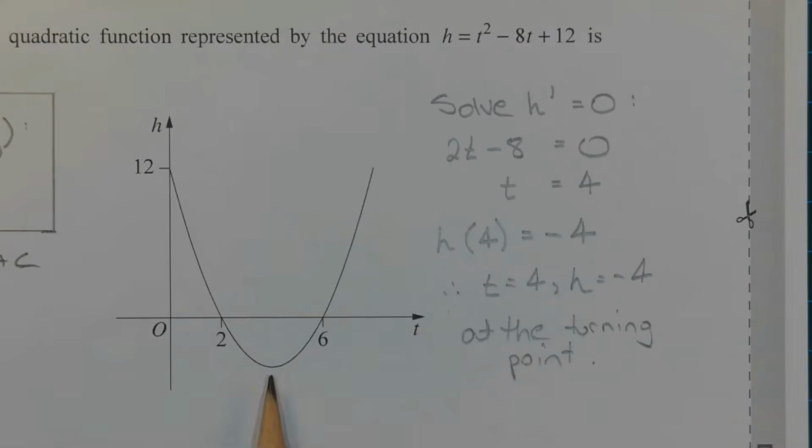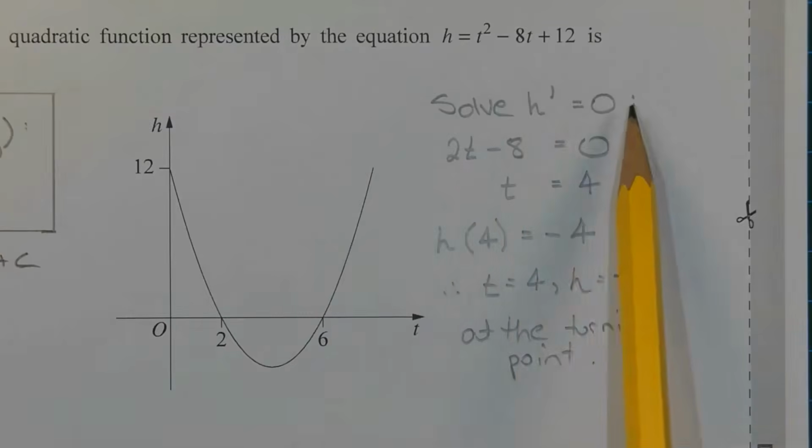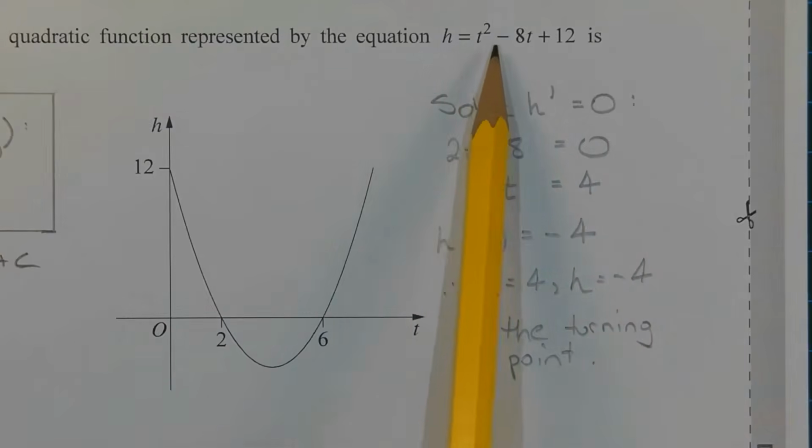At the vertex or the turning point, the gradient is 0, which means the value of the first derivative, h dash, is 0. So if we find h dash and then solve this equation for t, we can find the value of t at the turning point. So solving h dash equals 0, differentiating t squared minus 8t plus 12 with respect to t, we get 2t minus 8.